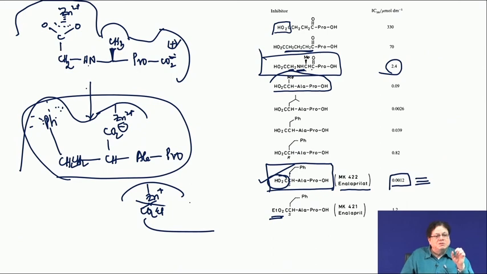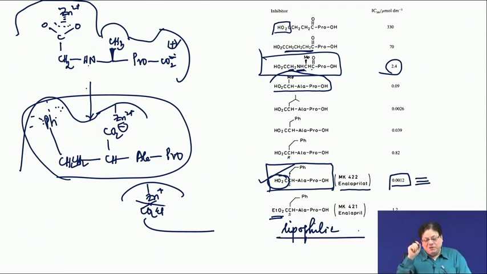As long as it is a carboxylic acid, it can do that. However, when you put the ester, it has become more lipophilic. I told you about the log P value. So, it satisfies the log P value if you put the ester. Okay. So, now it is absorbed from the gastrointestinal tract.